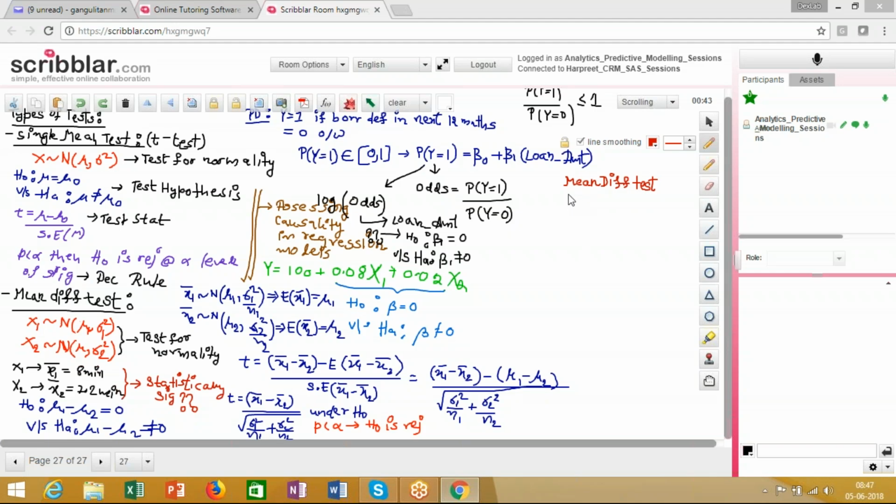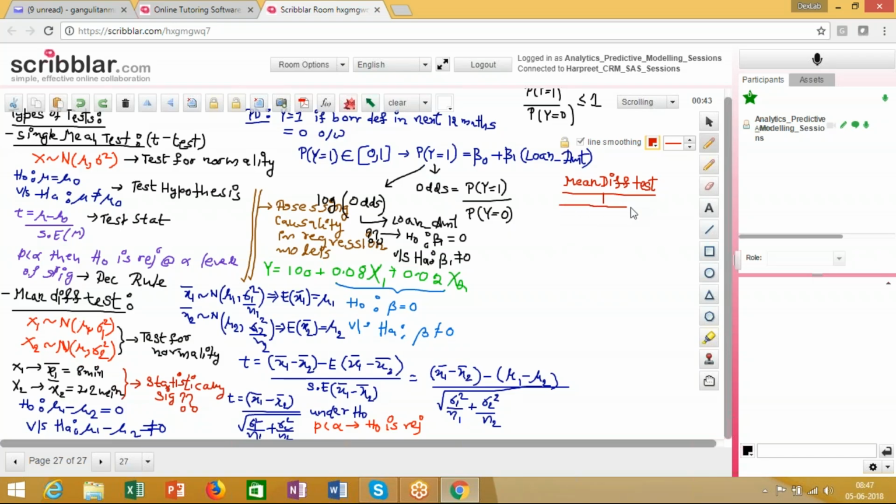Okay. So over here, the next part that we have is the mean difference tests. There are two broad kinds of mean difference tests that we have.